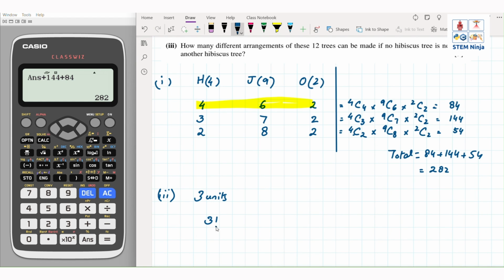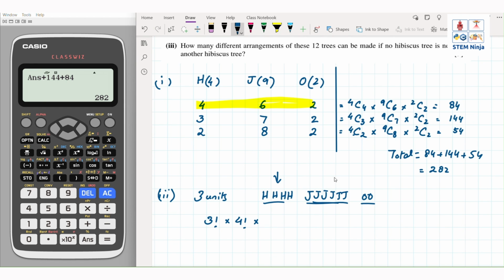So 3 units, that means, sorry, 4 hibiscus. So hibiscus, hibiscus, hibiscus, hibiscus, jacaranda, jacaranda, jacaranda, jacaranda, jacaranda, jacaranda, and oleander, oleander. So these are the 3 units which can be changed over and over.